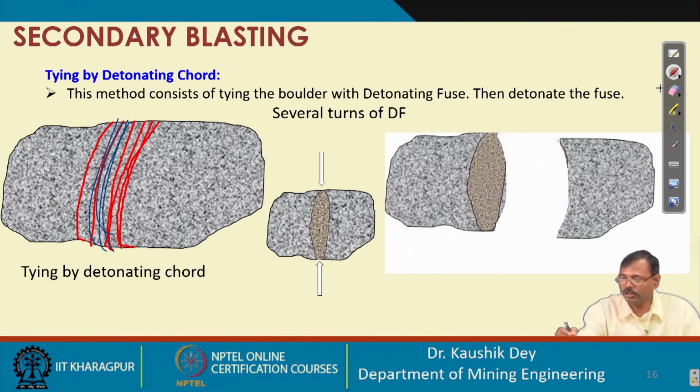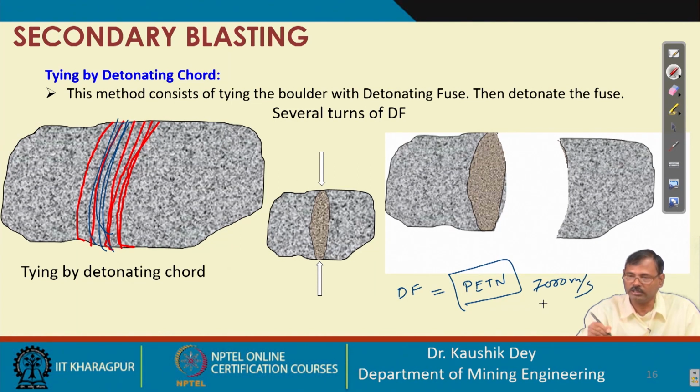You know detonating fuse, or detonating cord, is basically a raft of PETN, which has a very high VOD of 7000 meters per second. This high VOD acts as the explosive, and a number of turns increases the charge concentration.